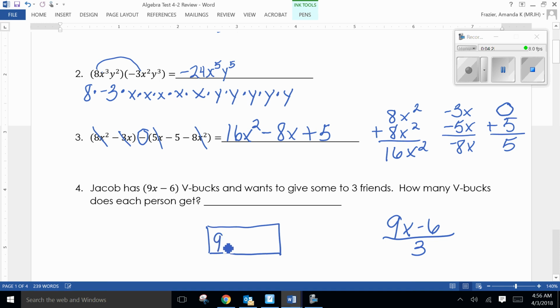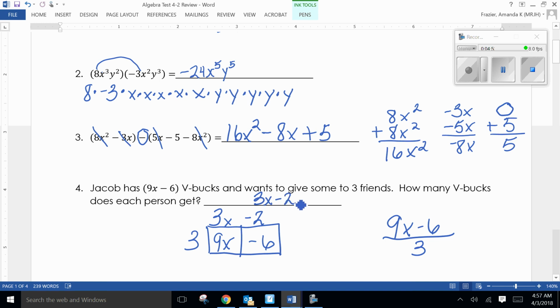So 9x minus 6 can be written like this. I'm dividing by 3. So this must be 3x, and this must be negative 2. So 3x minus 2.